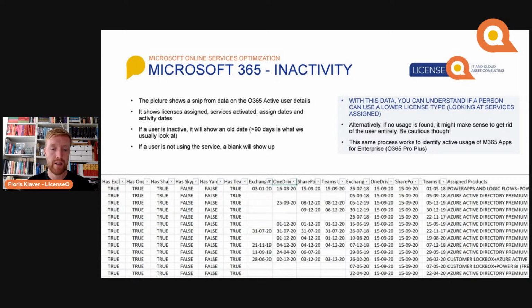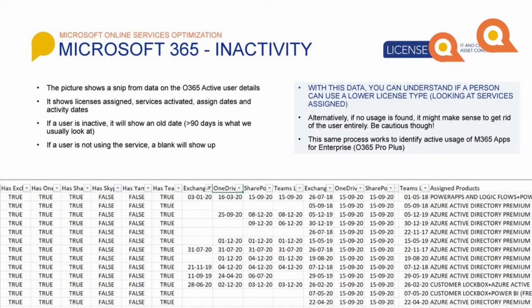Inactivity, and you see a little snapshot in the bottom of this slide. This is taken from the Office 365 active user details, and it shows you the licenses that are assigned on the right hand side, the assignment dates in the columns before that, and the last activity date in the middle of the screen.